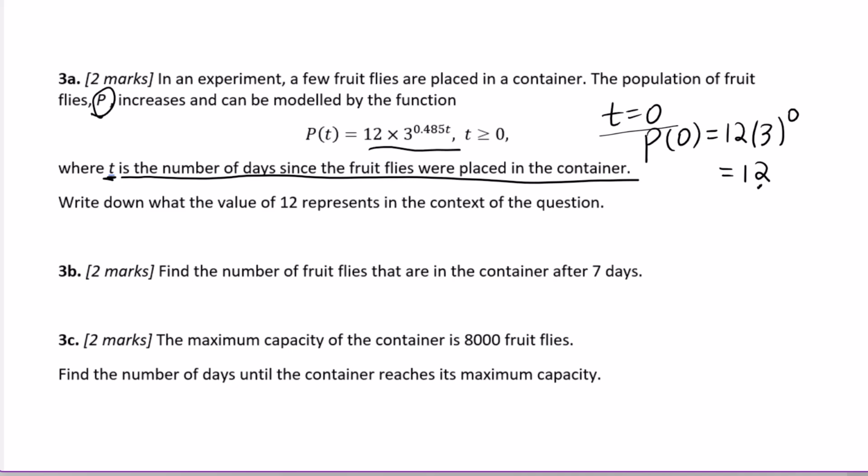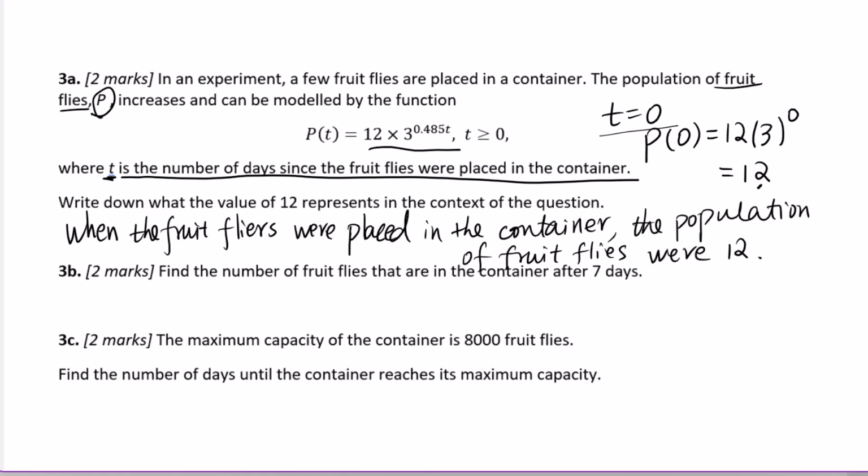It's the number of days since the fruit flies were placed in the container. So t equals 0 means when the fruit flies were placed in the container. The population of the fruit flies is 12.